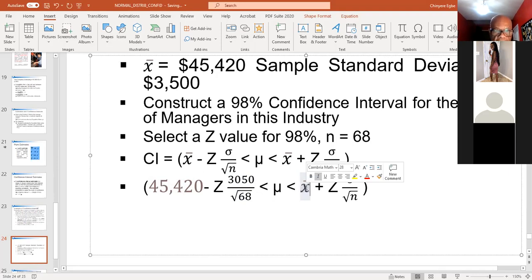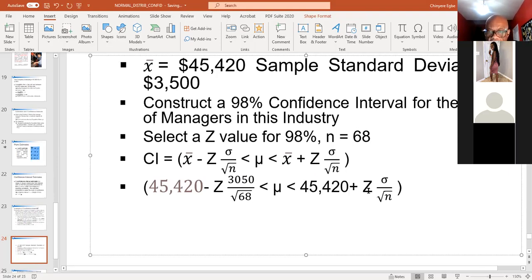So this should be 45,420, plus or minus Z, which we don't know yet, times 3,050 over the square root of 68. So how do we select Z? So now what we're going to do next is find Z.